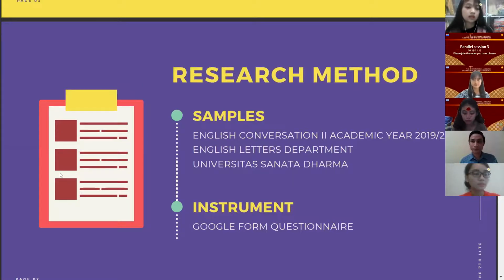It was analyzed by calculating the percentage and also rating the responses of each item and the comments that could give a notion towards the implementation of the e-learning method and also the use of the Belajar USD learning management system in the English Conversation 2 class.